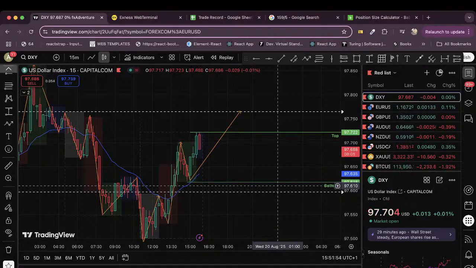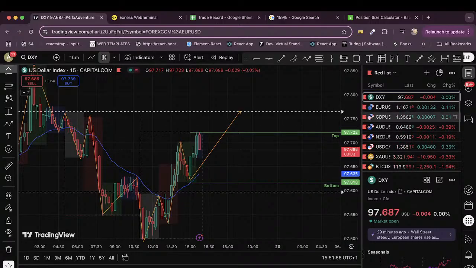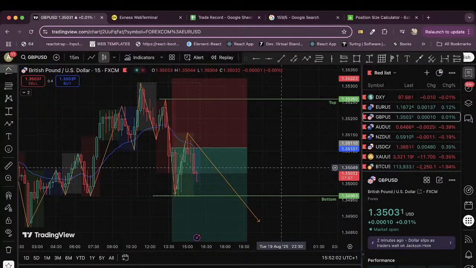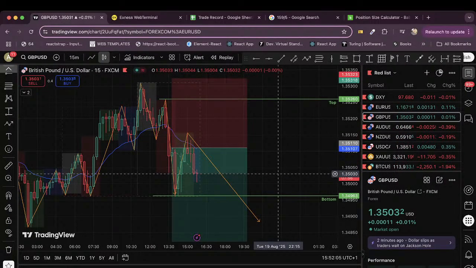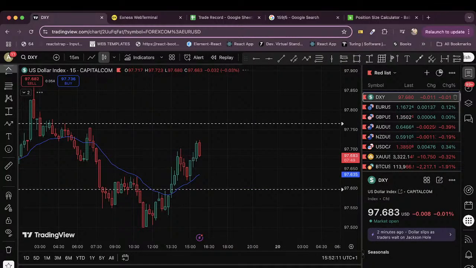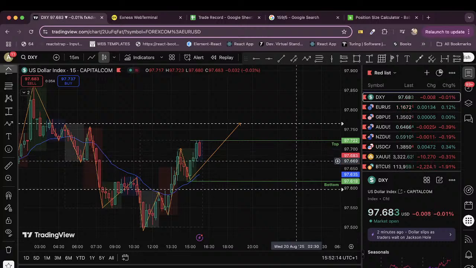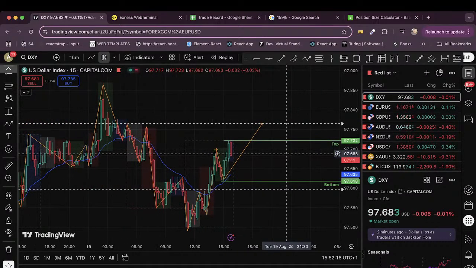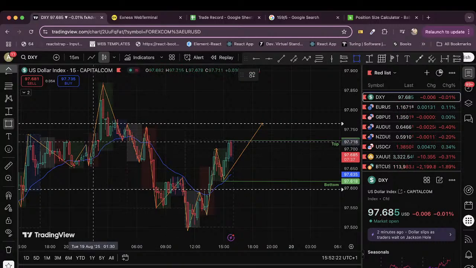Then another thing. Oh my God! I don't like what I see on DXY. There is a massive sell, and it's not looking good. But I expected it, because remember I told you something about that. See that big green candle there?